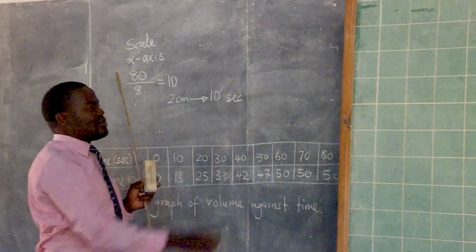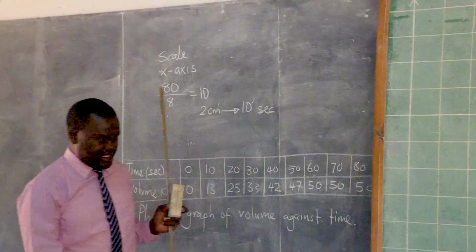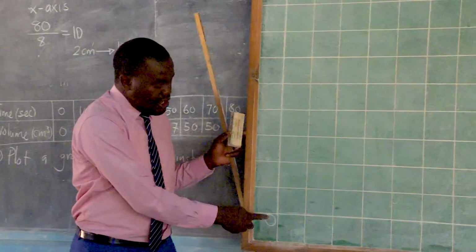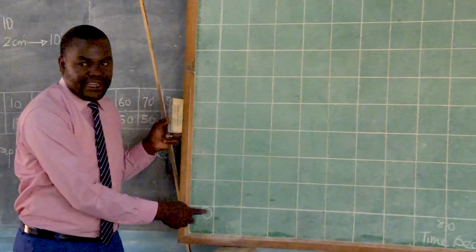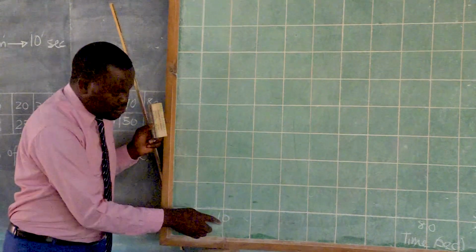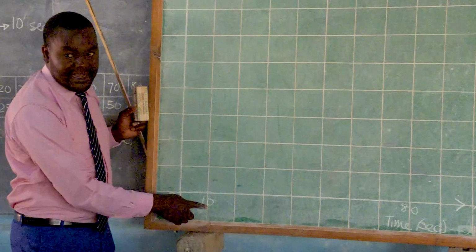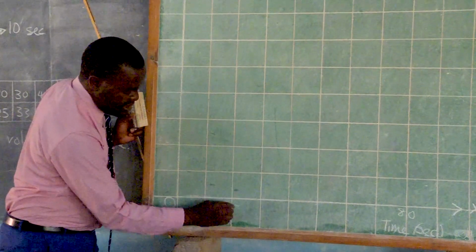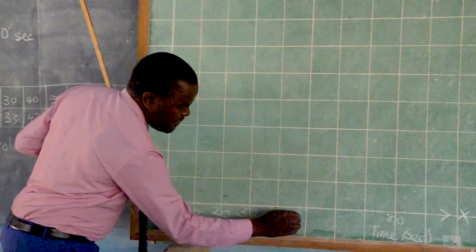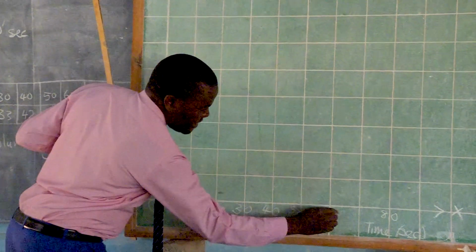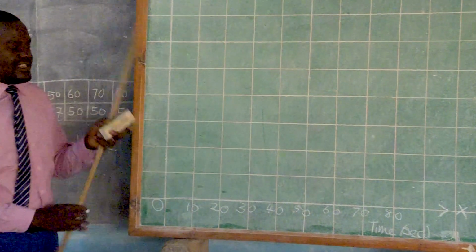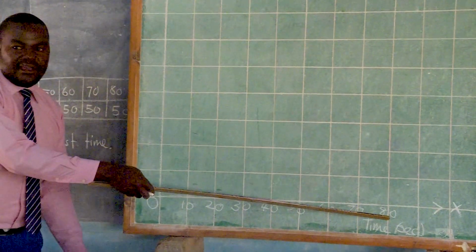When we begin to count, we start with this 0 because this is our origin. So from 0 you add 10, what are you going to get? 10. To this 10 again we add another 10: 20, 30, 40, 50, 60, 70, and 80, because this is the last.